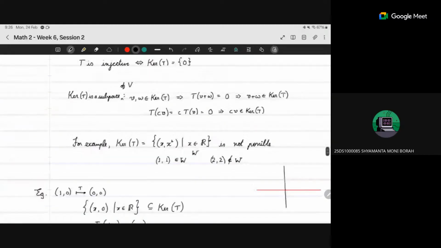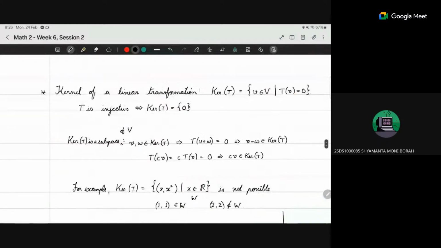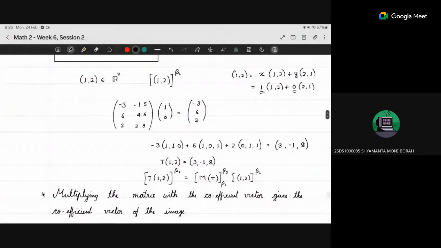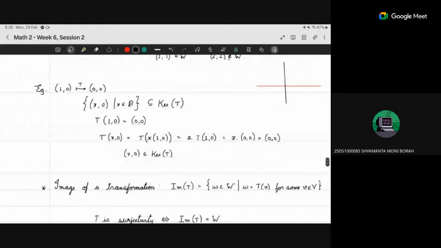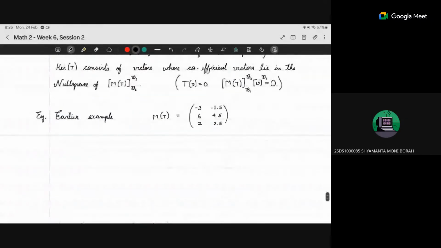Yes, it is 2.5. So this was what we obtained as the matrix of this transformation with respect to some basis.